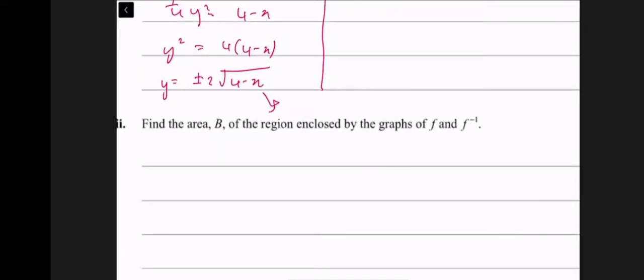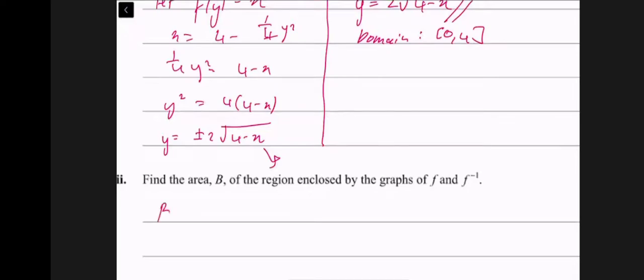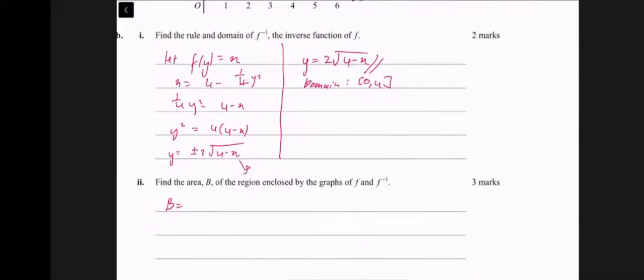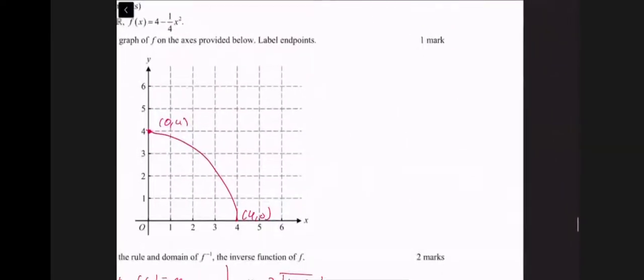So find B, the area enclosed by this. So usually you can do x minus f(x) or something like that. But in this case, I think it looked something like this. This is a super bad drawing.